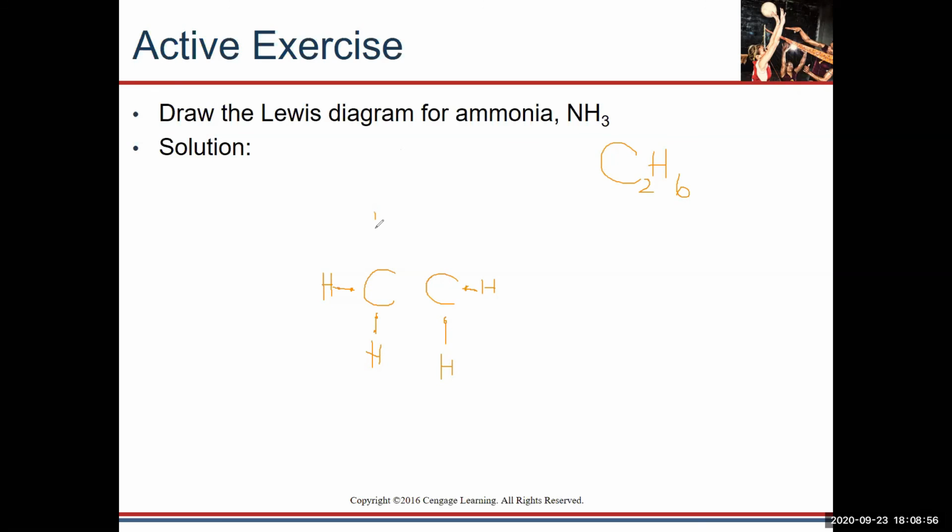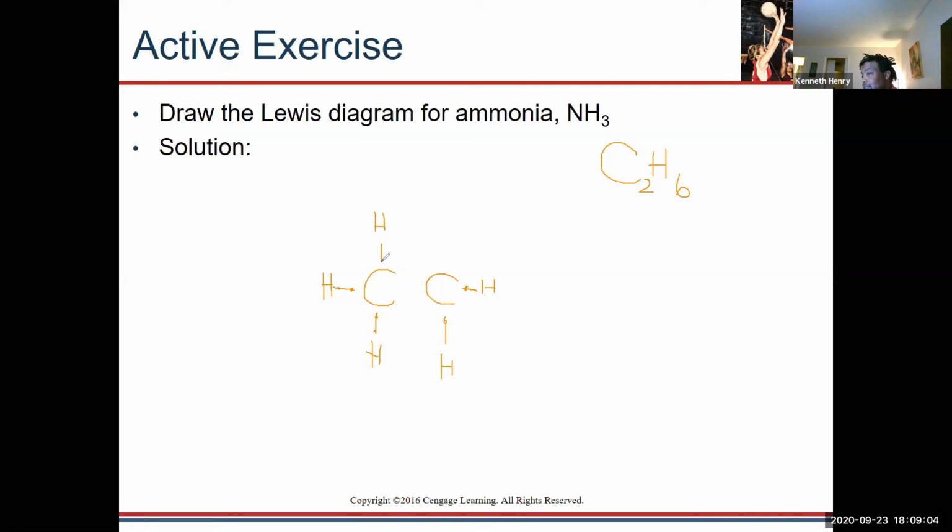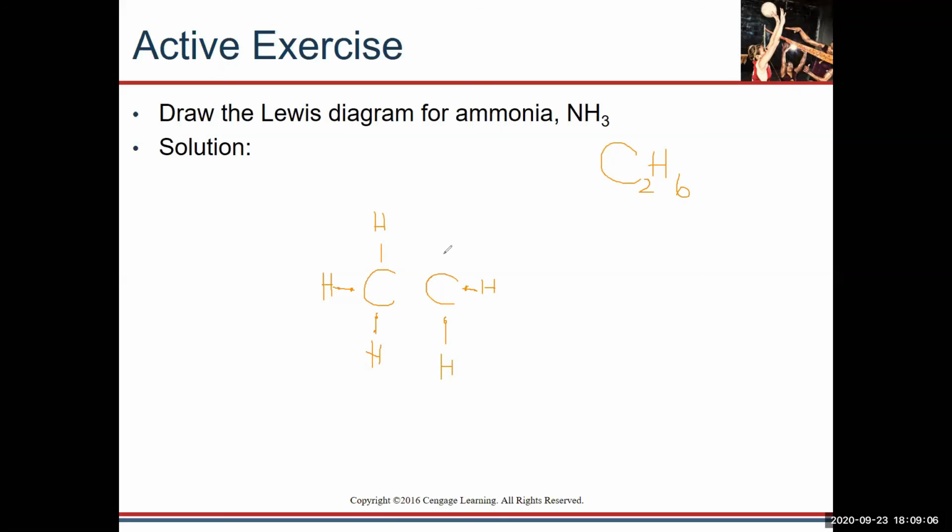I'm going to have 2 carbons. I would add one there and one on the other.